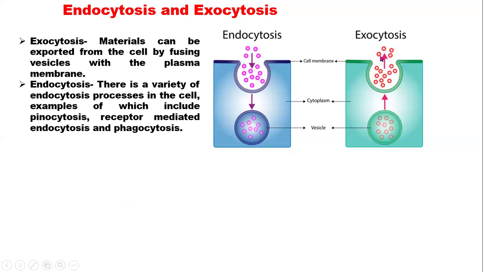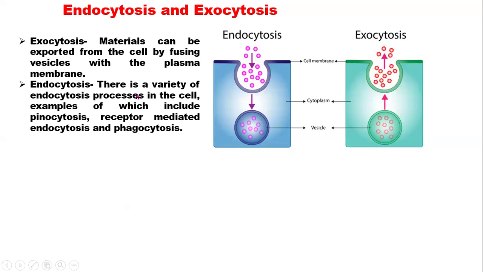So this is exocytosis. While for endocytosis, there is movement of substances inside the cell. This needs the cell membrane to form vesicles, and this vesicle will now be removed and come as a vesicle inside the cell with the substances that are needed by the cell.